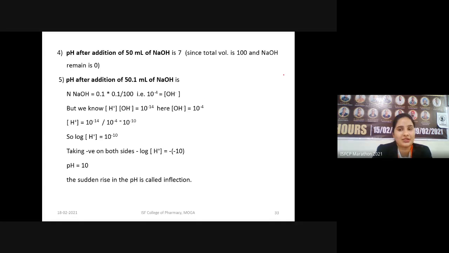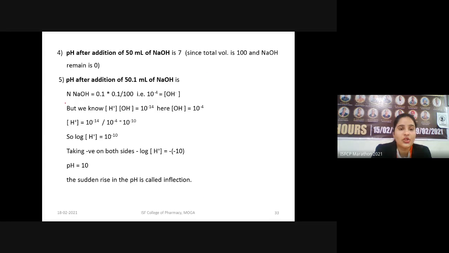The pH is going to increase beyond 7, and the solution will be basic. Since all the H+ ions have been neutralized, now we will be having the OH- ions, and the OH- ions will make the solution basic.